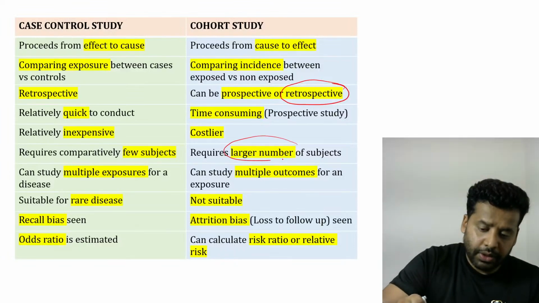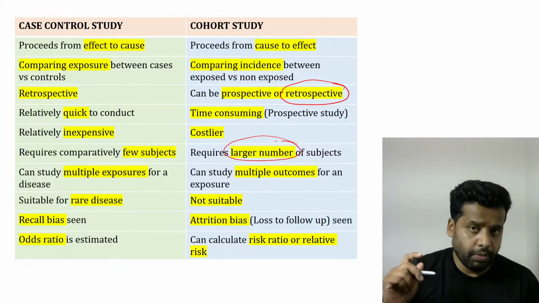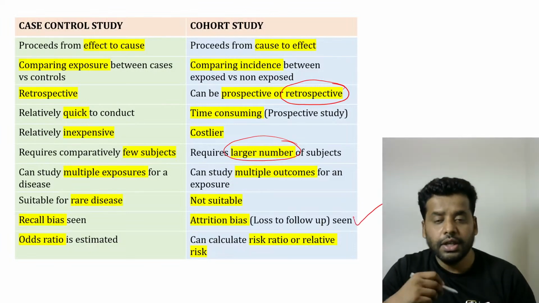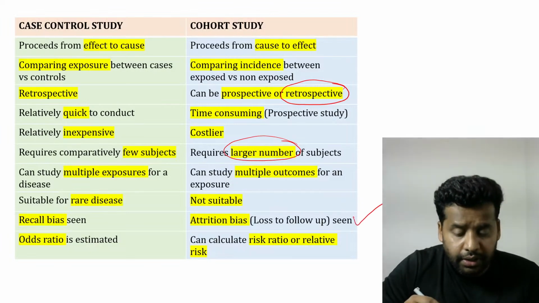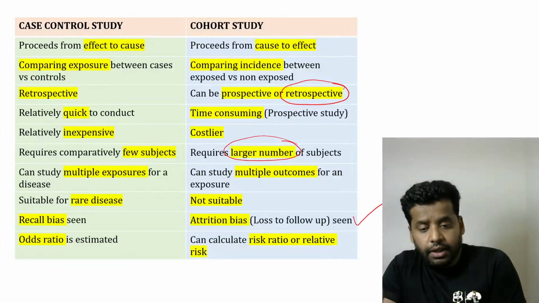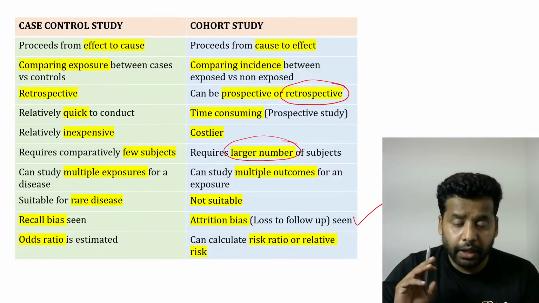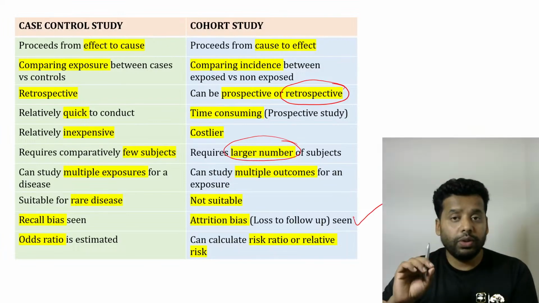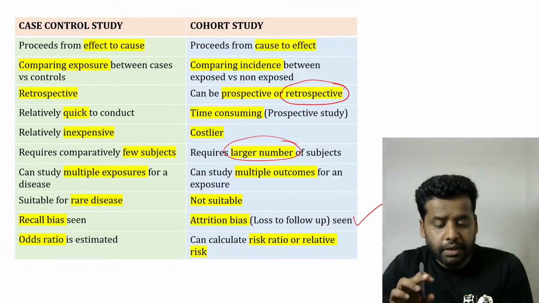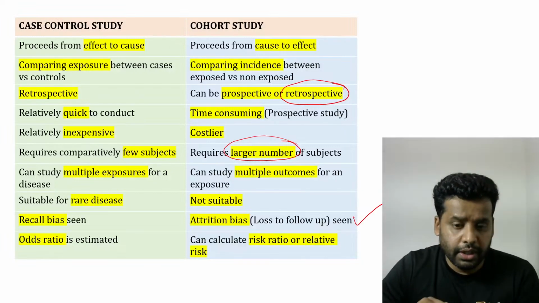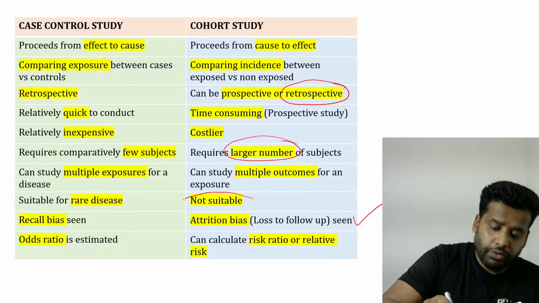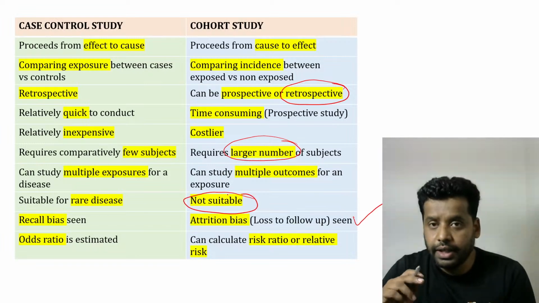Needs more number of subjects because there is loss to follow-up always. Attrition means dropouts. Since you are doing the study in a forward direction, dropouts will happen usually. That word dropouts is also known as attrition. Attrition bias is seen in cohort study. Not suitable for rare disease because it will take time.